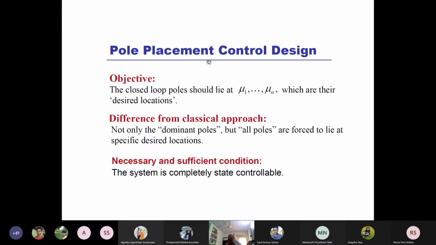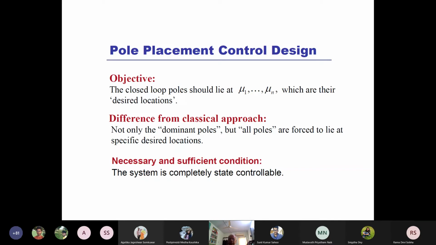So in this case, since it's a pole placement control problem, the first objective should be, where do we place the poles? That means I should have knowledge of the desired location of the closed loop poles.